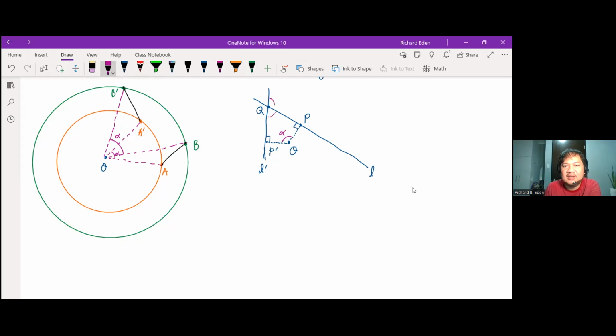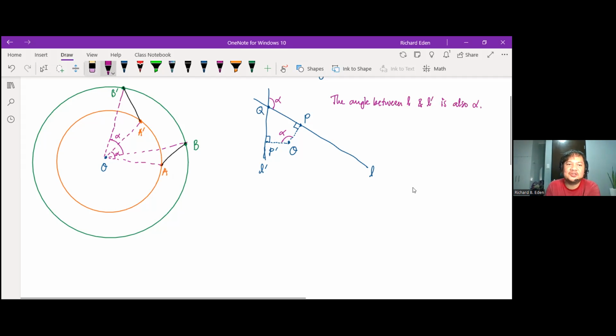So this angle must be alpha. This is what I was talking about: the angle between L and L prime is also alpha.